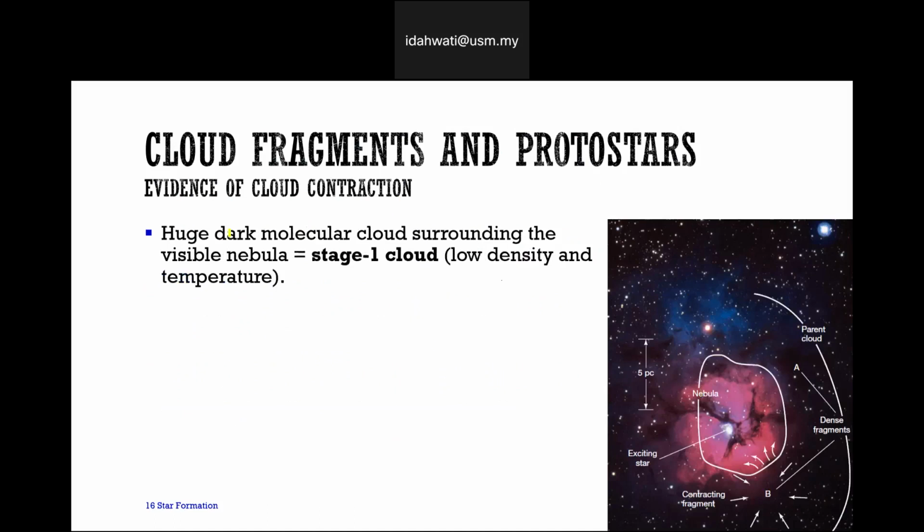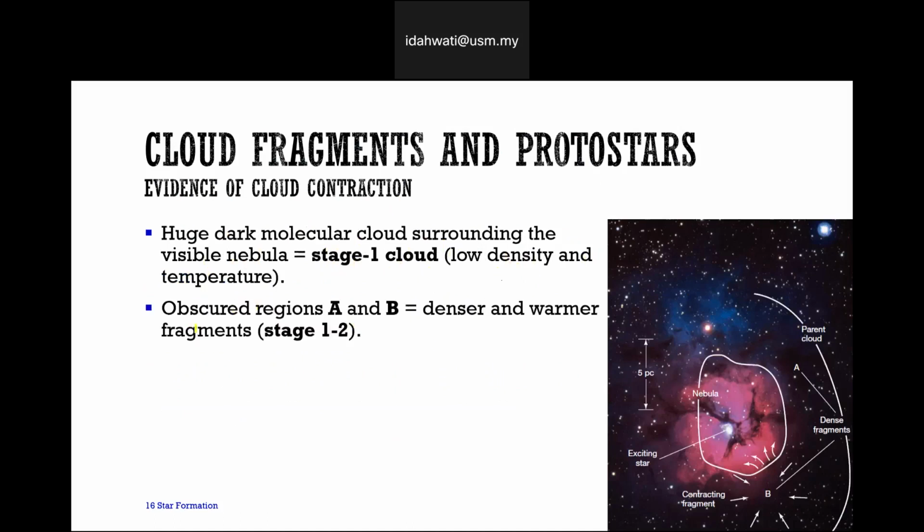And also the huge dark molecular cloud surrounding the visible nebula equals the stage 1 cloud, with low density and temperature, obscuring the regions A and B here. These regions A and B are denser and warmer fragments, in stage 1 and 2.